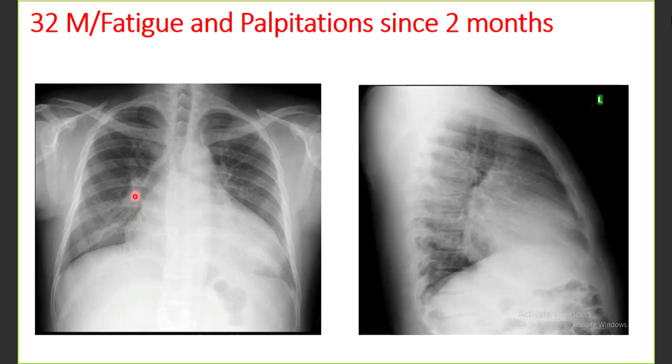There is also a prominent right descending pulmonary artery. There are prominent upper veins. So, together with all of these, we can conclude that this is probably the X-ray of a patient with dilated chambers. It could be dilated cardiomyopathy, or it could be a patient with multivalvular heart disease. Based on the clinical findings, we can narrow down the diagnosis and see if the X-ray is consistent with the clinical findings we have already had.